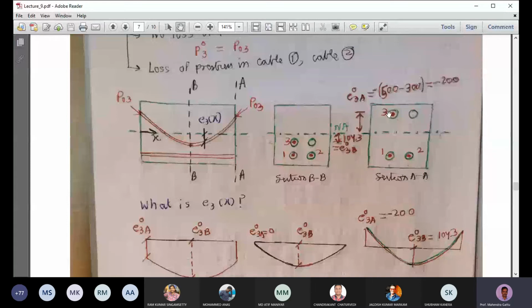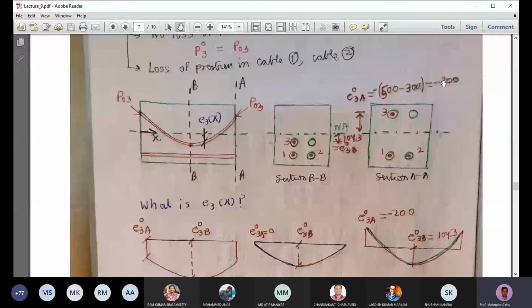And here, the eccentricity at the end: total height is 500 minus what is it? This distance is 100, and this distance is, I'm sorry, this distance is h by 2, which is 300. 300 minus 100 is 200.